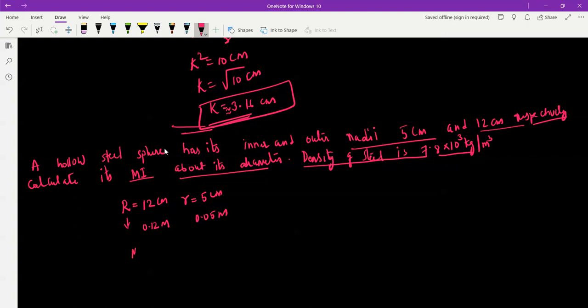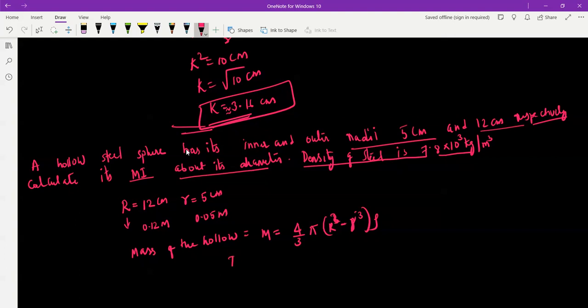So mass of the hollow sphere, we know that m is equal to 4 by 3 pi, capital R cube minus small r cube, into rho.